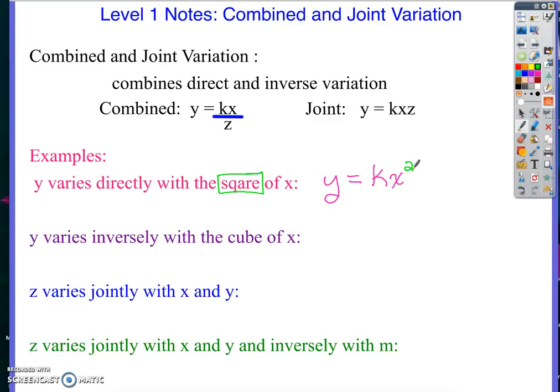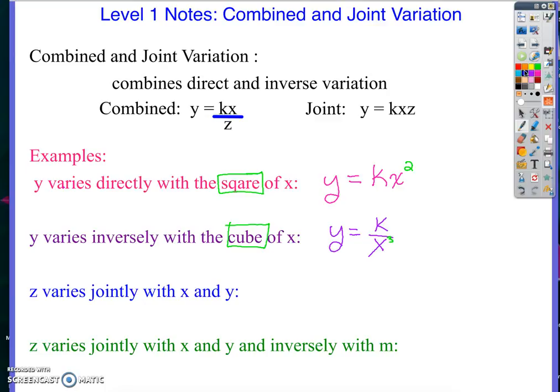If you look at the next one, you have y varies inversely with the cube of x. Well, we know inversely means y equals k over x, but because of the word cube, we know that we have to put an exponent on x, and that would be to the third power, because the cube of x means x raised to the third power.